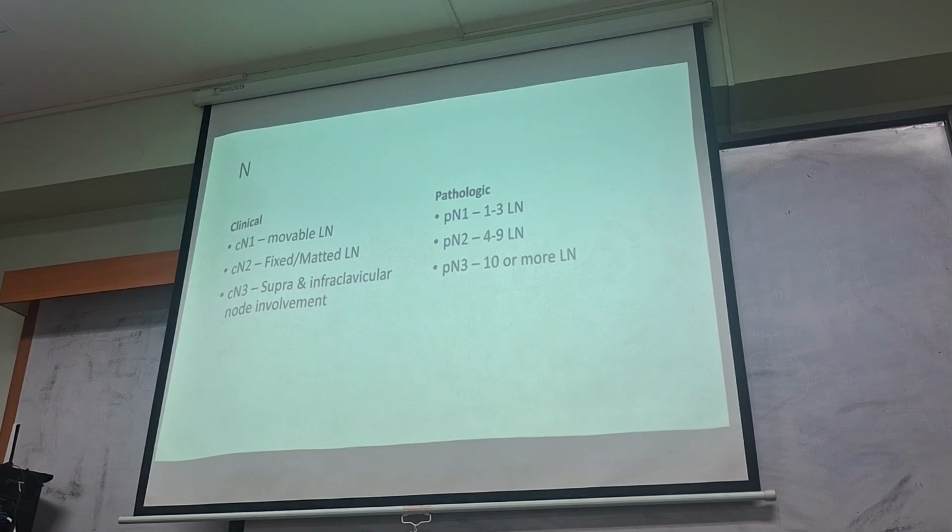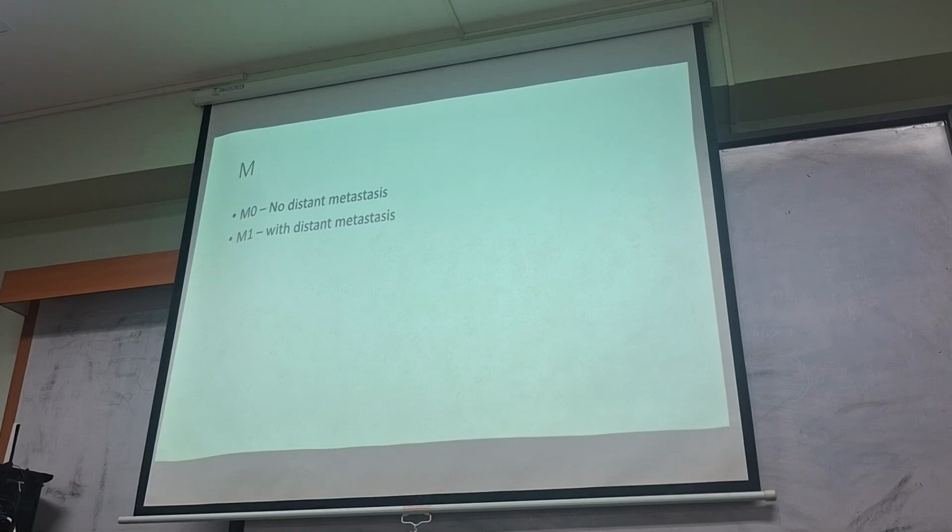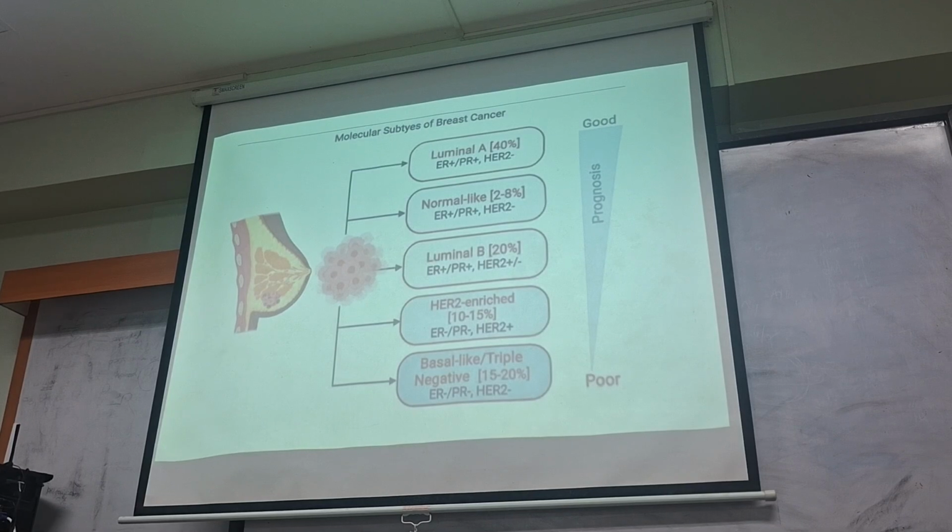So if it's the pathologic stage, the number of lymph nodes positive for breast cancer are being counted. So just remember 4 to 9. 1, 2, 3. Yeah. And basta M1 with distant metastasis.